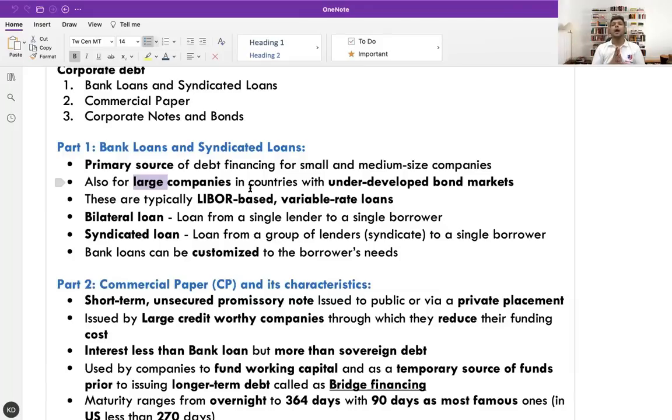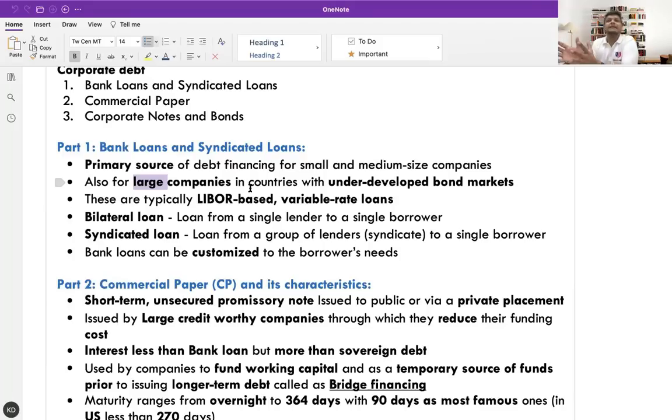However, if the loan size is too large, let's say I want to borrow $100 million, and that is considered too high by a particular bank, then it may form a syndicate. Syndicate means in this case there will be multiple lenders for a single borrower.